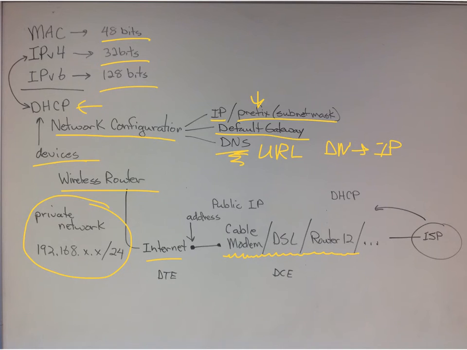Some provider will have a way for you to connect your device, and what I was getting at here, this provider, your ISP, may use DHCP to give you an address, a public address, so you could go to the internet. Data terminal equipment, data communications equipment.